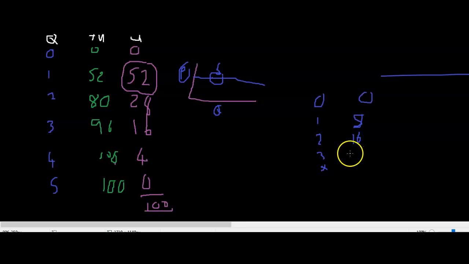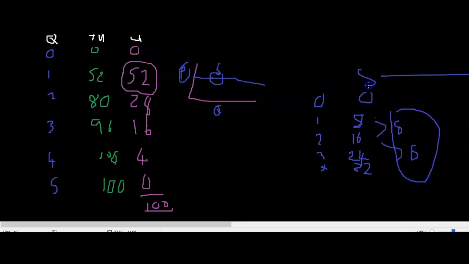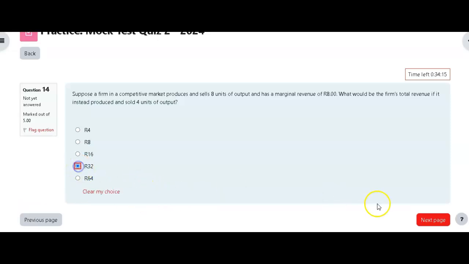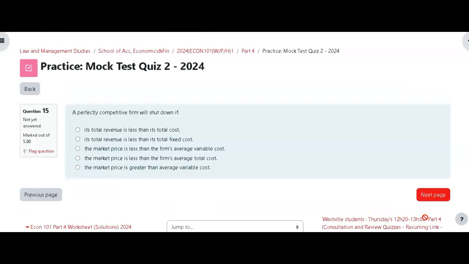Here you're getting 8 Rand more, so it's 24. Then here is 32. So this is your final answer, 32. But you see how it's increasing by 8, increasing by 8. This is your marginal revenue, because this is your sales. So the sales is increasing by 8, the marginal. So that's how it calculates it. So the answer will be 32. Do they have 32? Yes, they have 32.